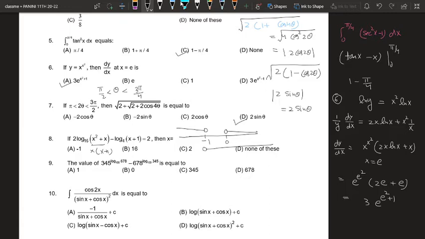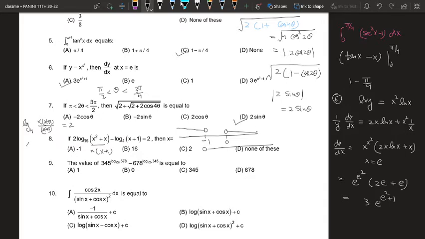Now if we solve this, 2 log 16, 16 is 4 square, 4 square base raised to power 2, that means log base 4 x plus 1 divided by x plus 1 is equal to 2.